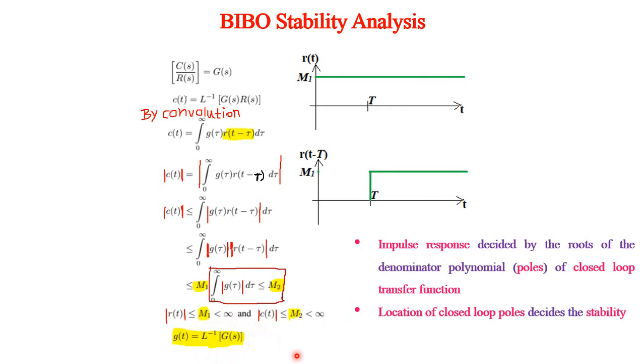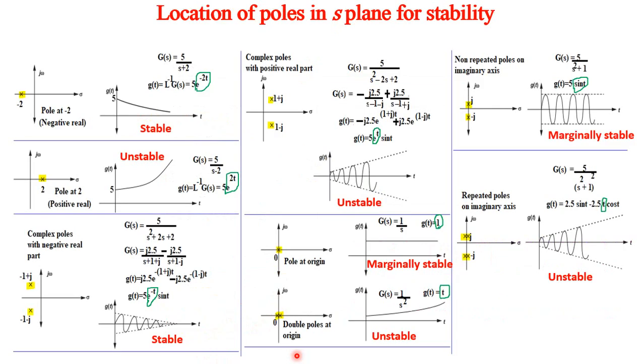Let us see how the poles ensure the stability. First, we have taken a transfer function g of s equal to 5 by s plus 2. That is the closed loop transfer function. So this has a pole at minus 2, meaning it has a negative real part. If we find the inverse Laplace transformation, it is 5 e power minus 2t.